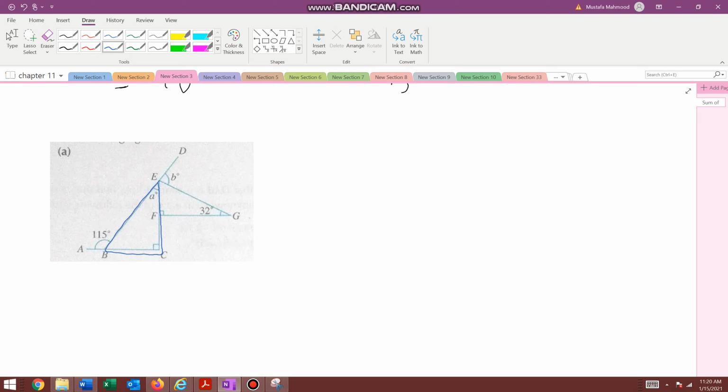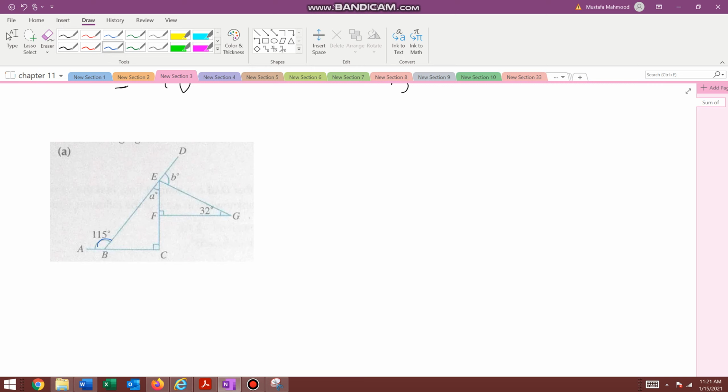Can we solve for the value of A using the triangle? Again, over here we have an exterior angle, 115, right? And this exterior angle will be equal to the sum of the two opposite interior angles.